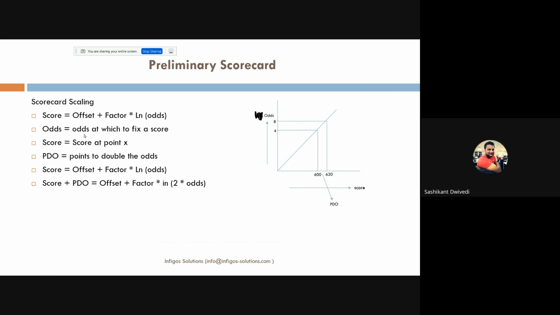So let's say score is offset plus factor times log odds, at which you want to fix a score. And score at that point, and then you have PDO. If you have all these three values, then you can calculate the score.